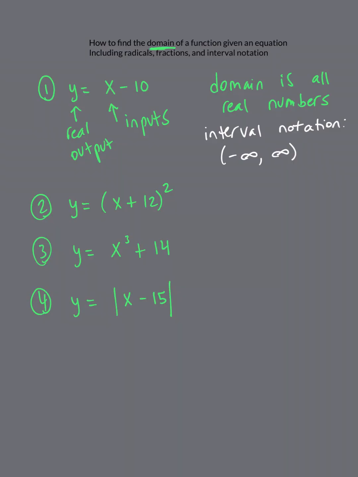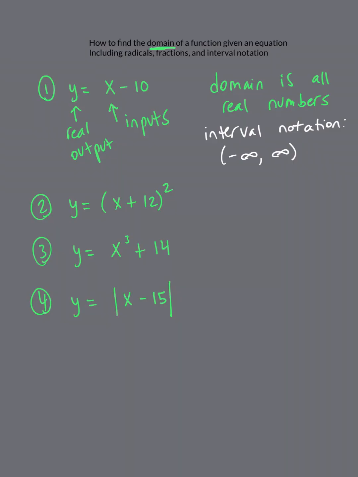The second example is y equals the sum of x and 12, squared. Are there any restrictions on what x could be, or could you plug in any number for x and get a real output for y? You could plug in anything for x and get a real output for y. What about the third example, x cubed plus 14?